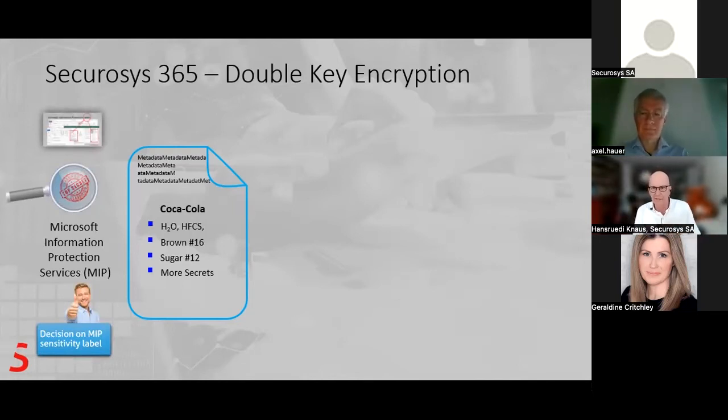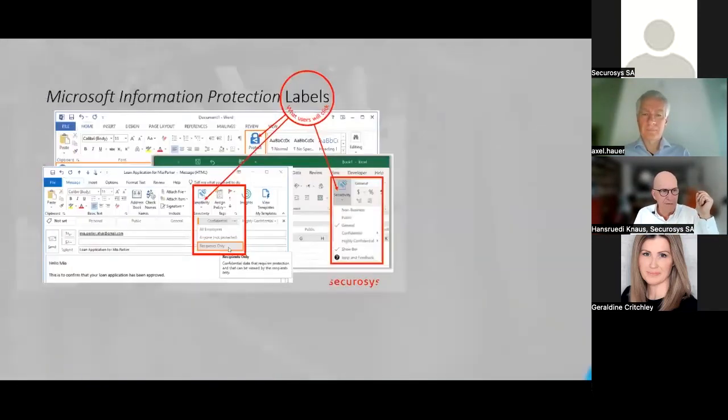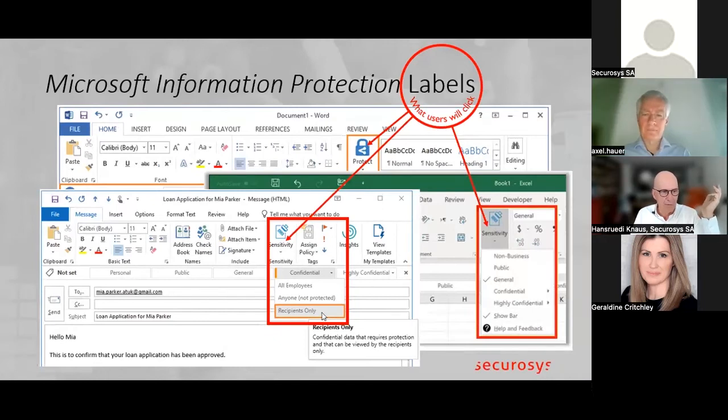You want to make very sure that it stays secret. And all you have to do within Microsoft 365 double key encryption is decide on the label. This is called a Microsoft Information Protection sensitivity label you apply the way we have seen just before. You say, this is maybe top secret.